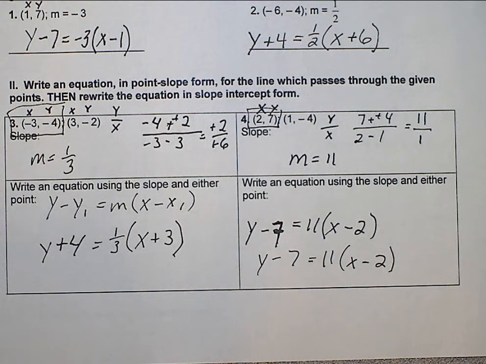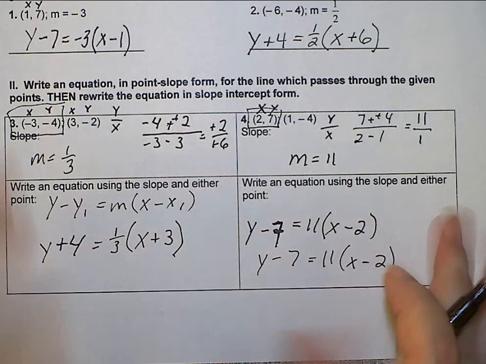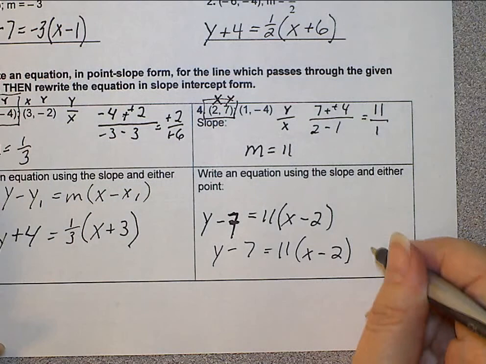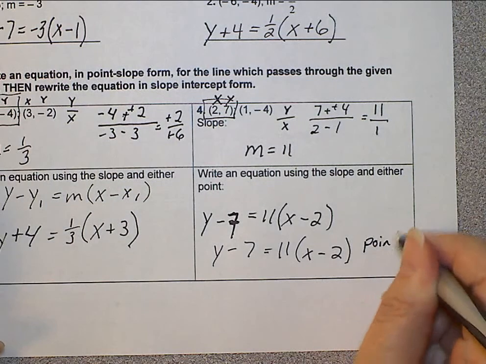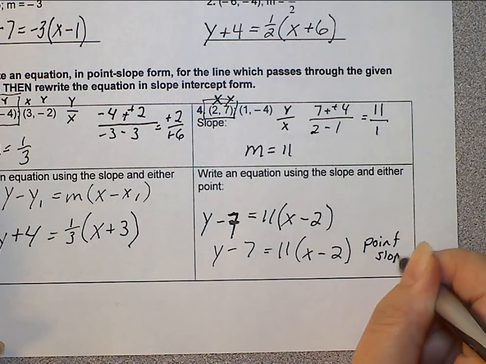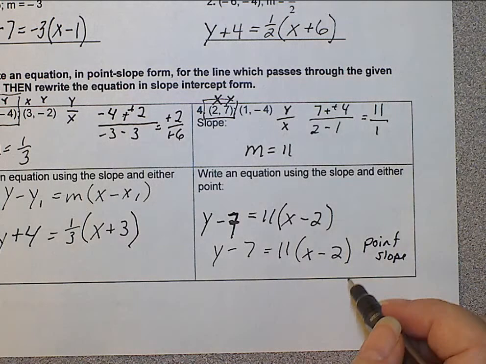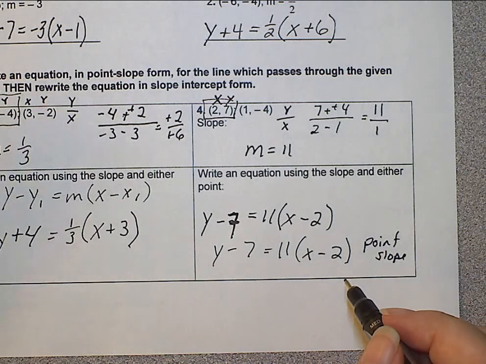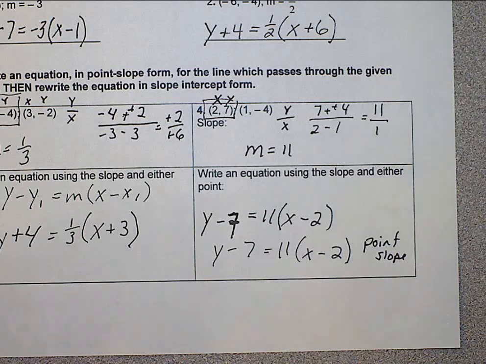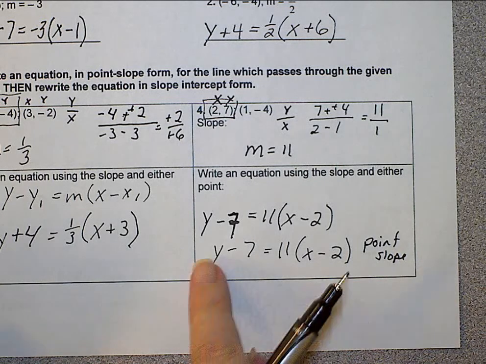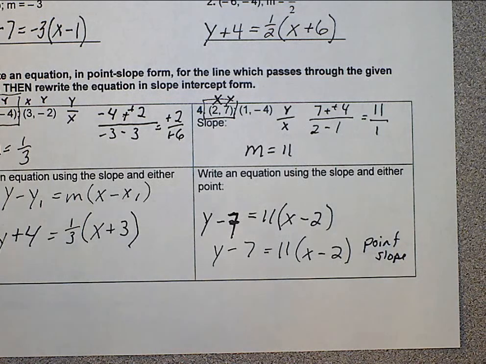Now, how can I take it from my point slope to my y-intercept form, the y equals mx plus b form? You would distribute and then add 7, that's right.